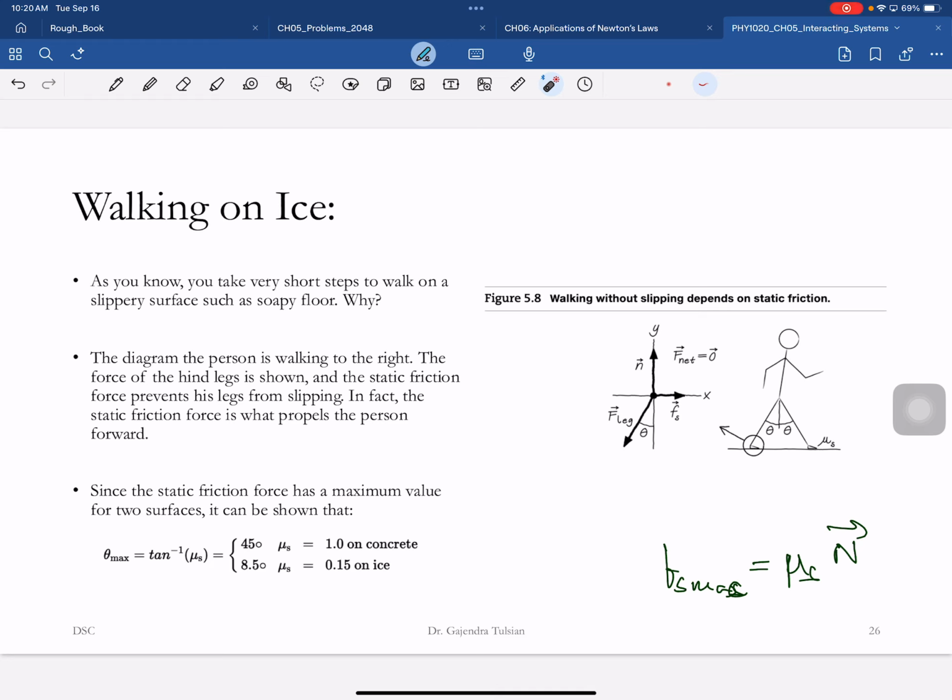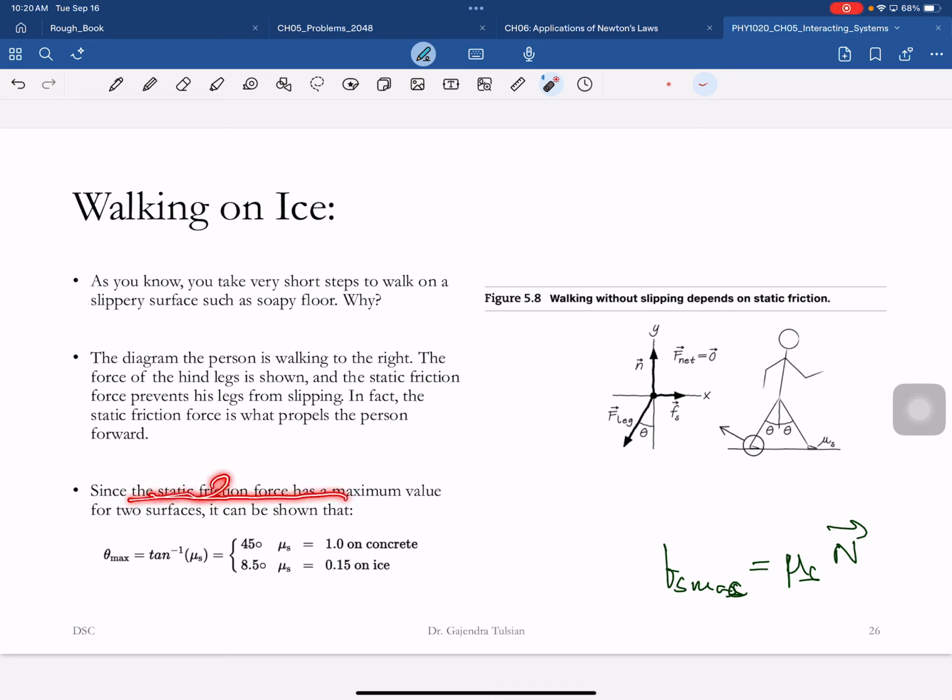So if the floor was frictionless, if this was 0, the force with which you can push has to be straight down. You could not walk. And you know that.